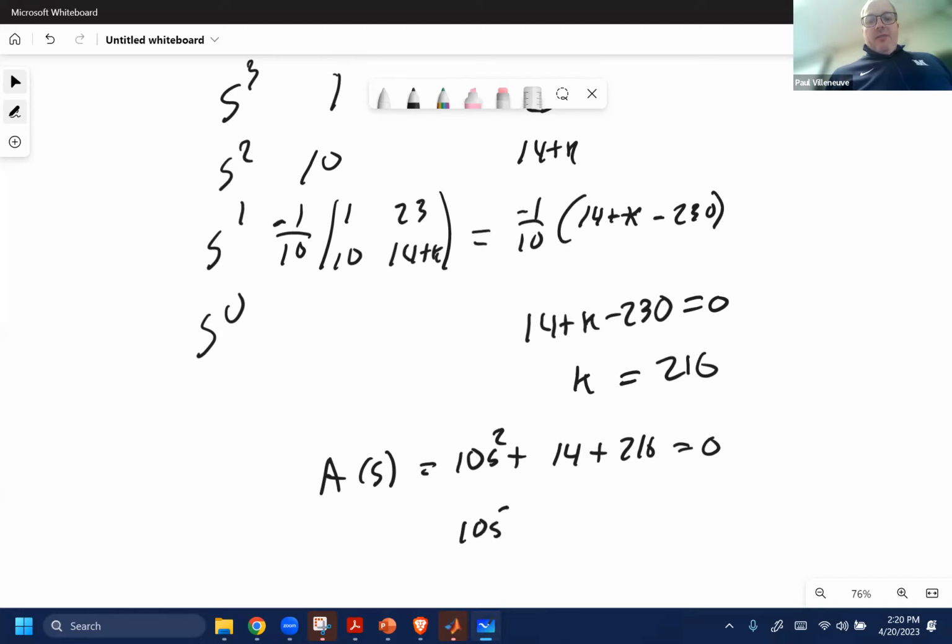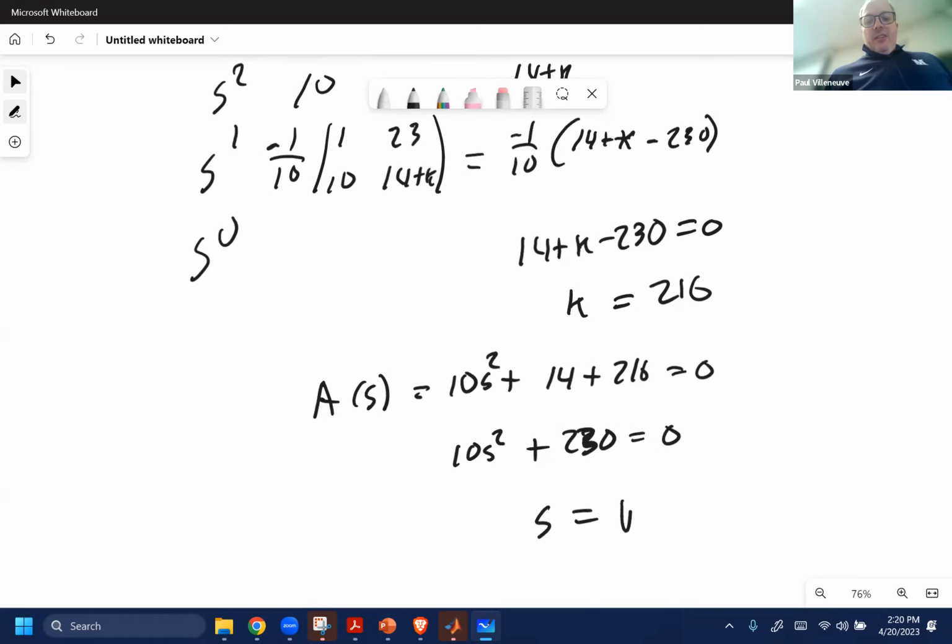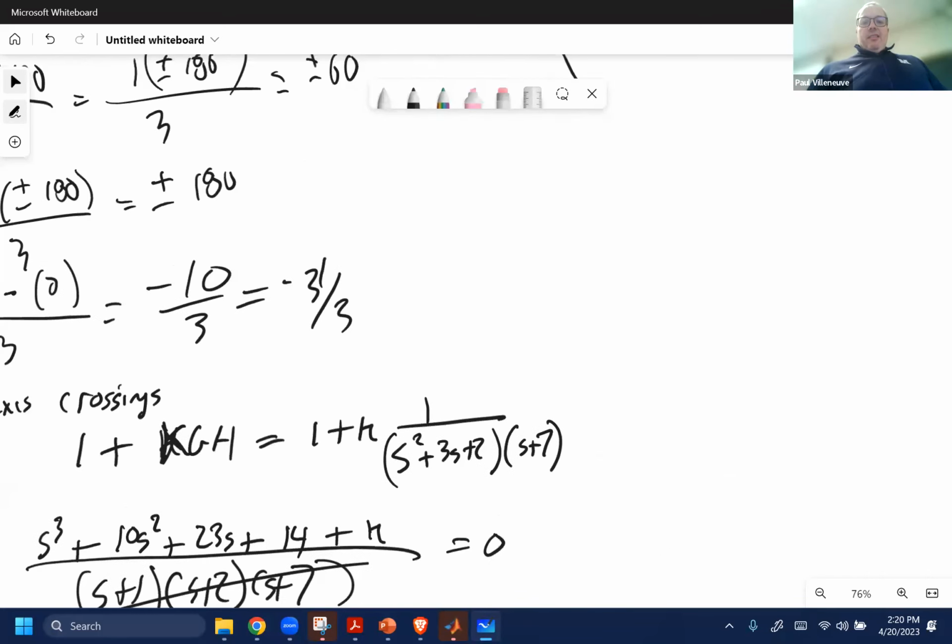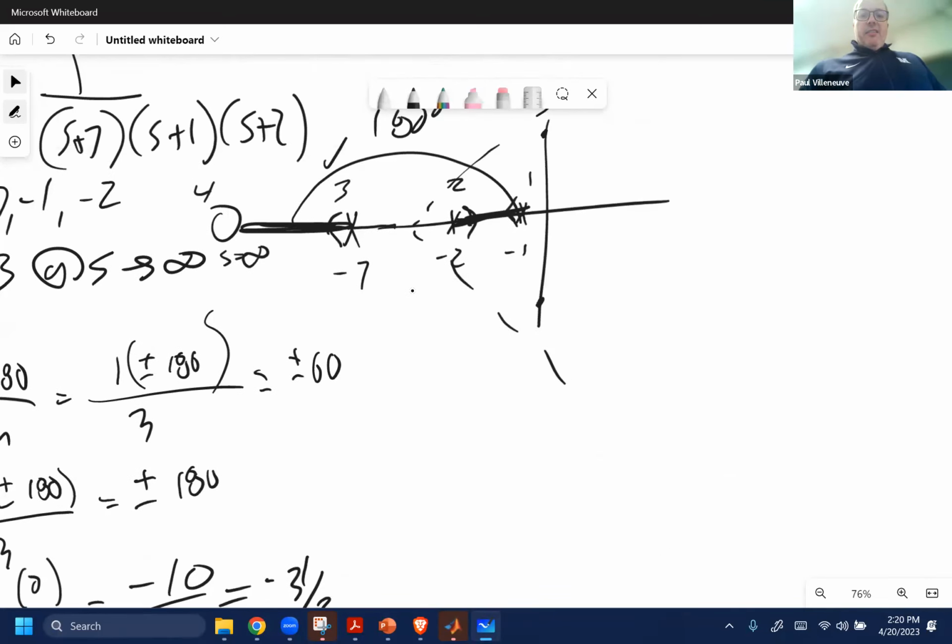So 10s squared plus 230 equals 0. So s is equal to the square root of negative 23, or s equals plus or minus j square root of 23. And that's the j omega crossings here.